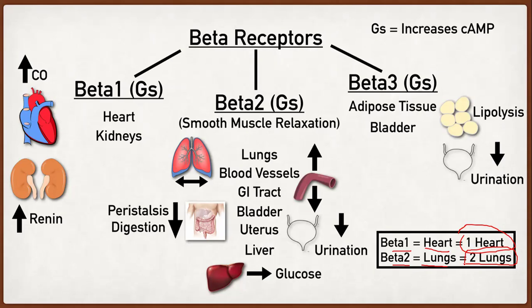That's why we need to be very careful when we are giving beta blockers to patients with asthma or COPD. Right, so this is the significance of understanding these receptors and what's going to happen to a patient when we give beta blockers or beta agonists.